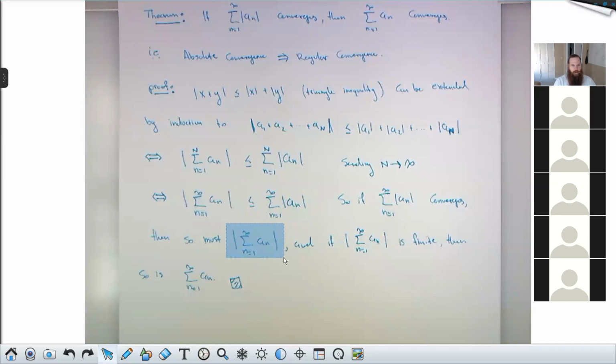But if the absolute value of sigma a_n is finite, then sigma a_n itself must be finite. In other words, if you converge absolutely, then you converge in the traditional sense, which is what the theorem says. So that's the proof of the theorem.